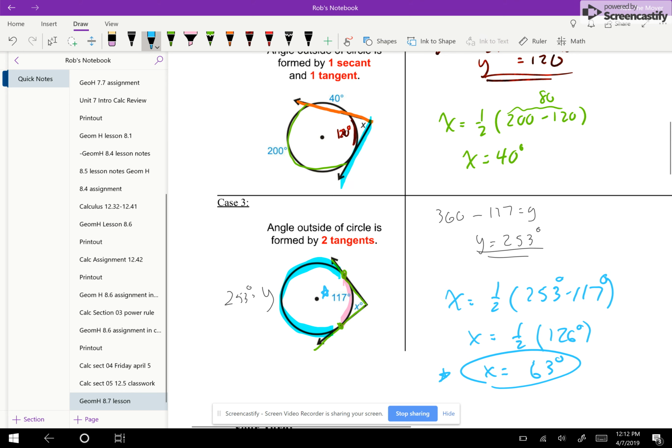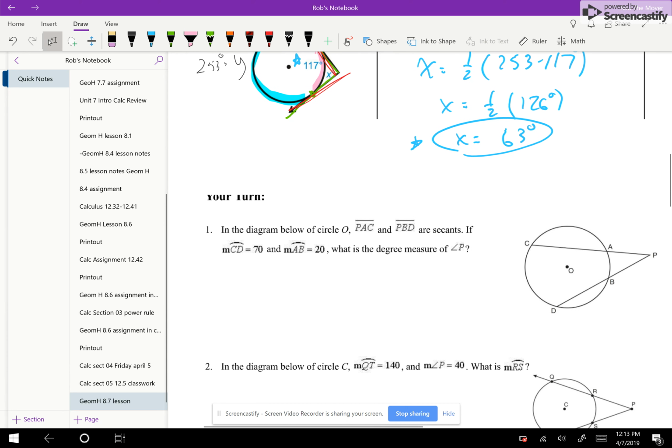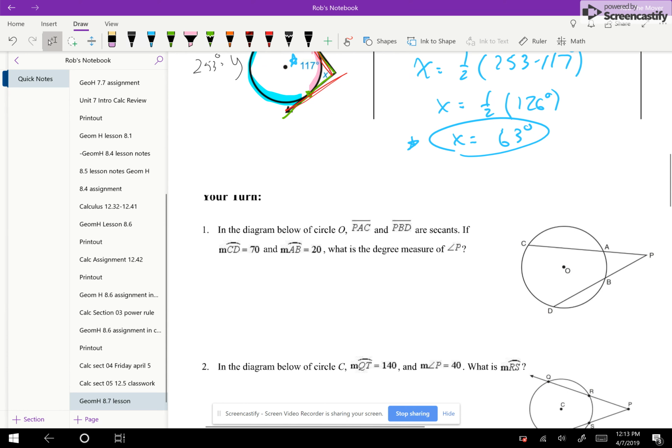What is that special word that we give it in math? Write it out in words. When you have an angle outside a circle formed by two tangents, that angle is what compared to the measure of the inner arc? Okay, I'm going to stop this video and go on to the examples in another video.